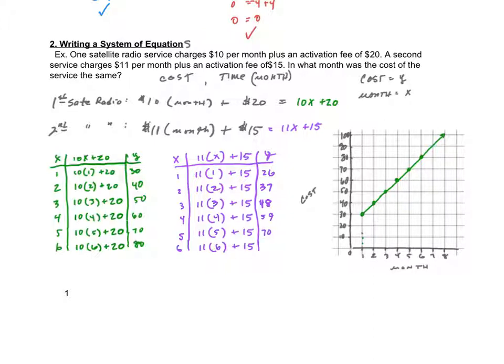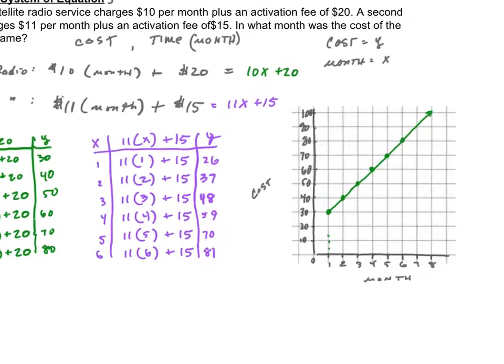And then finally, $11 times 6 months plus 15 will give us 81. And I think we have calculated enough to go ahead and find that intersection point. Some of these are going to be a little bit off, because they're not right on our table.